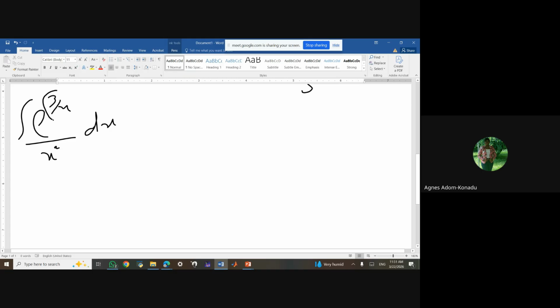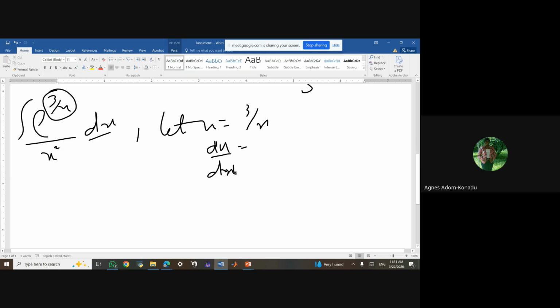So what I will do is I want the exponent to be equal to u. So let u be equal to 3/x. So I have to change my dx to du. So I'll have du is equal to, and what do I get when I differentiate 3/x?